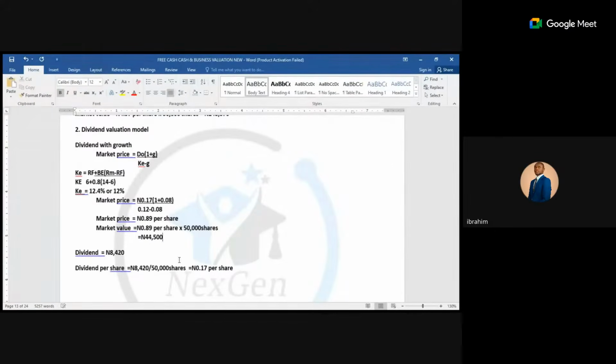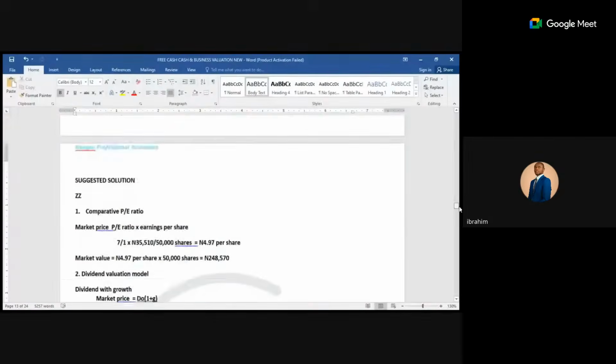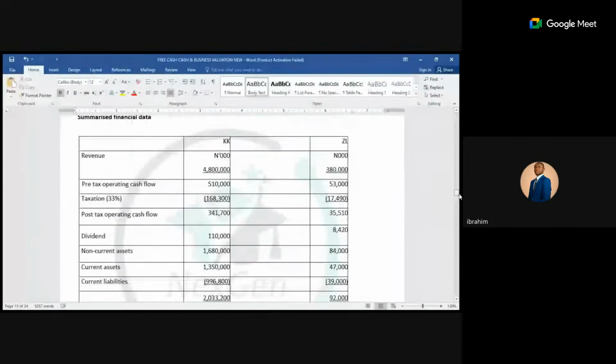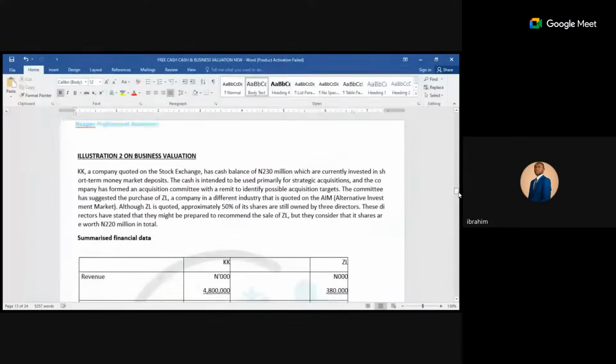Lastly, we should not forget that KK's budget is just 230 million, and they are looking for investment. They say this cash can be used for a strategic decision, like acquiring another company.